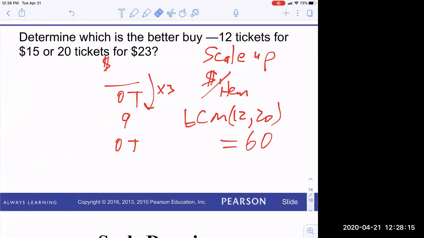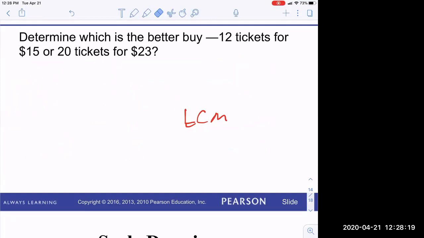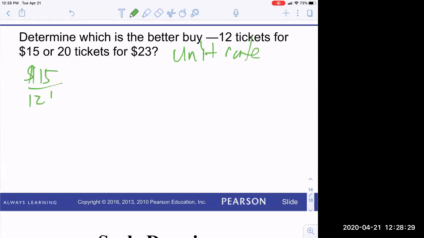Come on. Okay, now I'm going to use unit rate. Meaning I'm taking my $15 per 12 tickets. I'm going to divide 15 by 12 and give me the price per single ticket. That's $1.25 per ticket.